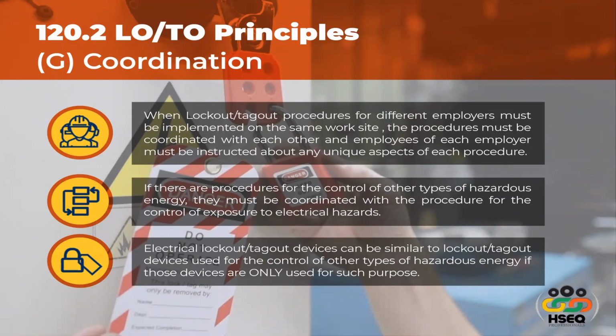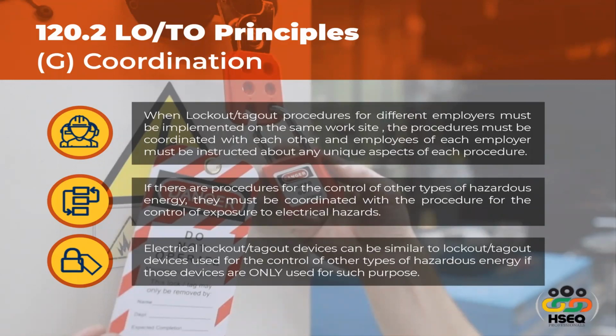For example, there is a substation in which there is an HV and an LV side. HV is dealt with by one employer, LV is dealt with by another employer. So both are going to establish an electrically safe work condition at a place in which a task needs to be performed.